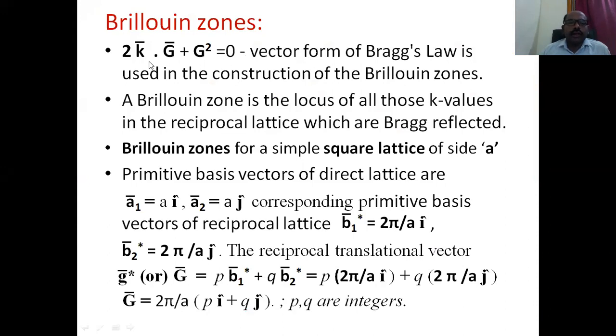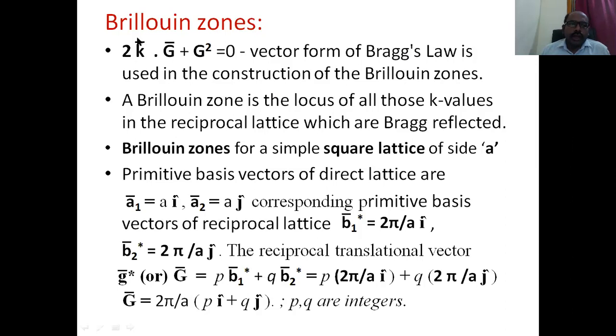The normal form of Bragg's law is 2d sin theta is equal to n lambda, but here we use the vector form: 2 k bar dot g bar plus g bar whole square is equal to 0.